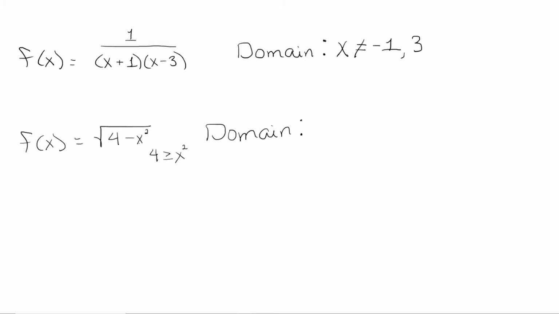This is primarily because that would make the 4 the larger of the two, and doing a larger number minus a smaller number would keep it greater than or equal to 0. And for this, we can see that -2 to 2 would allow this to happen. Squaring anything outside of this range will give outputs larger than 4, which would make 4 minus that number negative. So in this case, my domain is -2 to 2, or we can write this in interval notation.